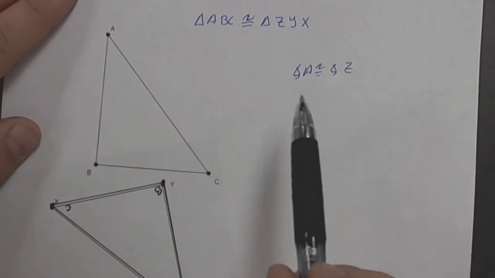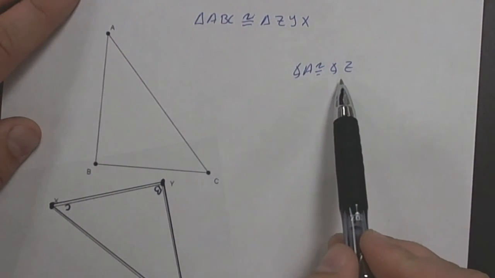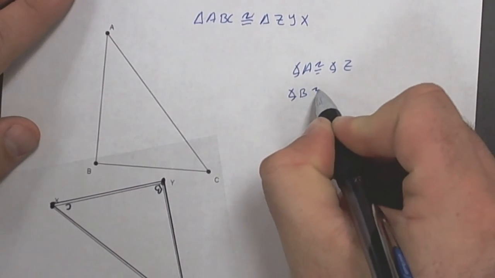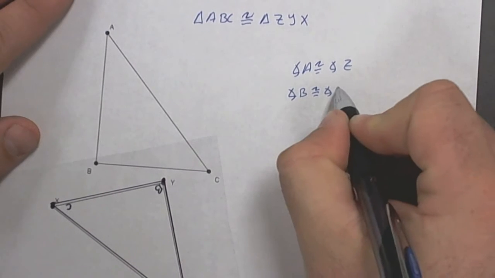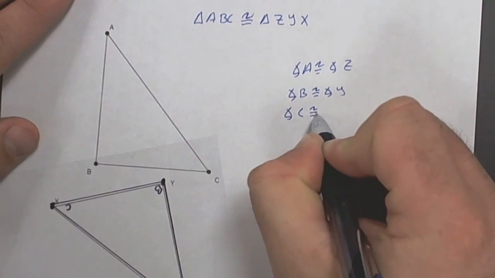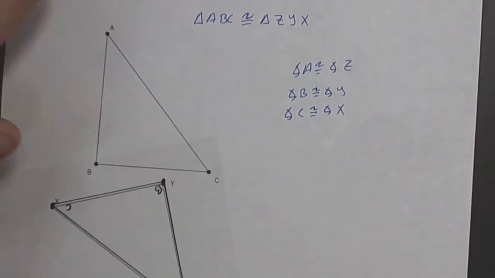So angle A is congruent to angle Z, angle B is congruent to angle Y, and angle C is congruent to angle X.